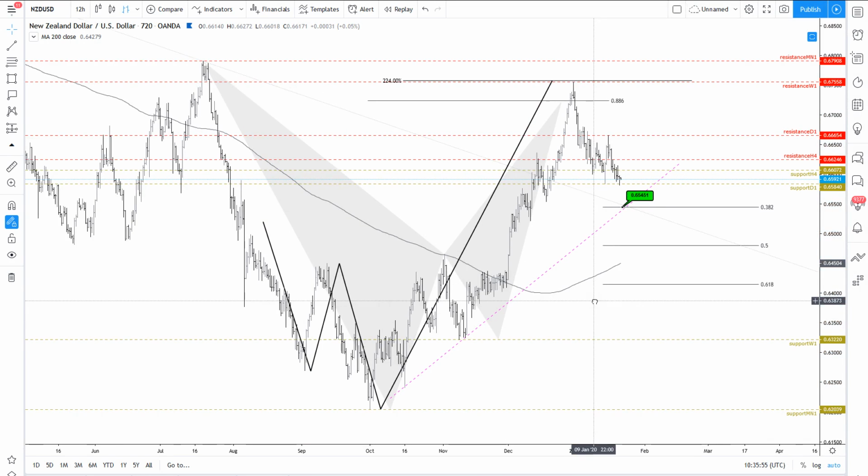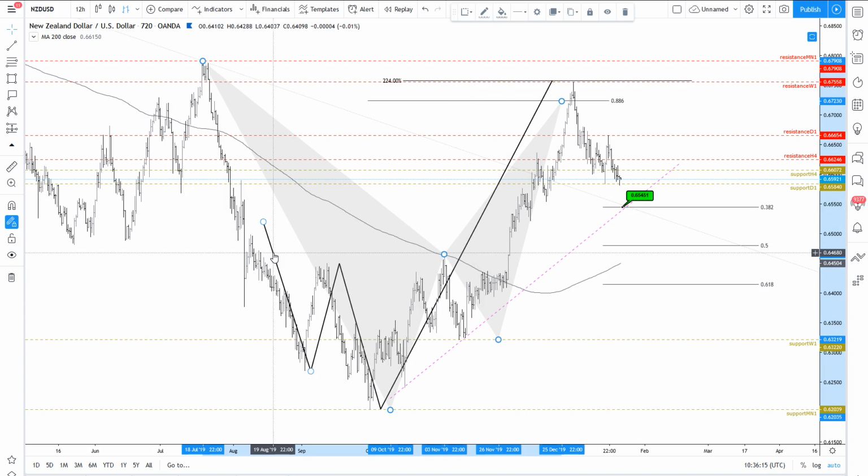So basically we have two different patterns that tend to complete on completely different scenarios, because one of them may act as a potential reversal, as the bat pattern.